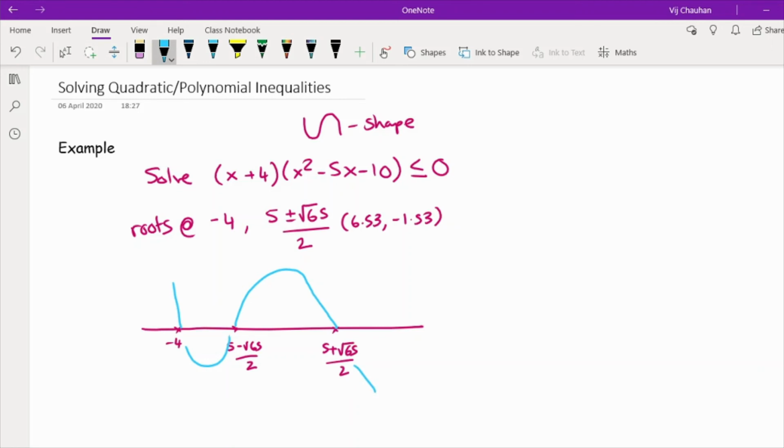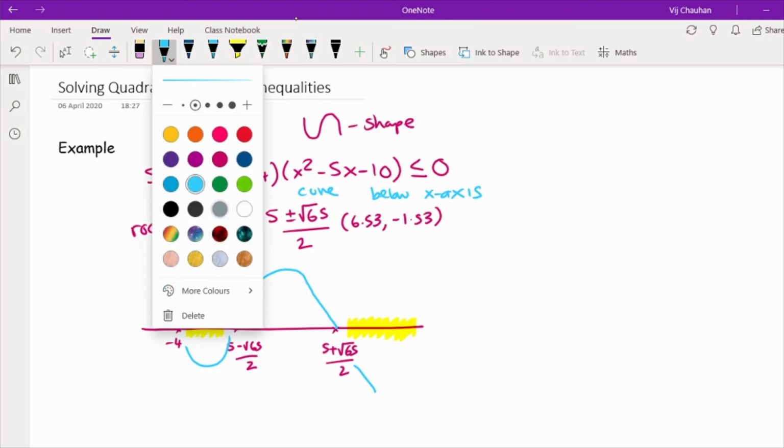So again, translating this, we've got that the curve is below the x-axis. So looking at my graph here, or my sketch, I'm looking for this region here and this region here, which is where the curve is below the x-axis. And if you're not too sure what I'm talking about, let me just get a different colour pen.